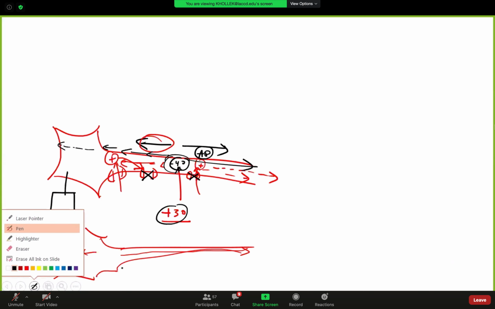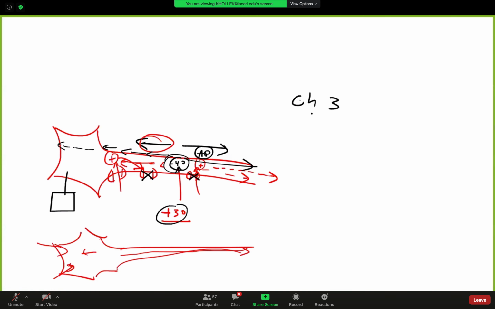Any other question regarding the action potential, you guys, and chapter 11? Okay. Chapter 13 was about reflexes. So make sure you know the components of the reflexes, the order in which they occur, and make sure you can identify what is happening with the reflexes.